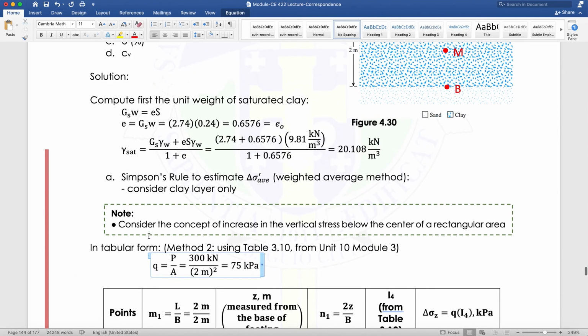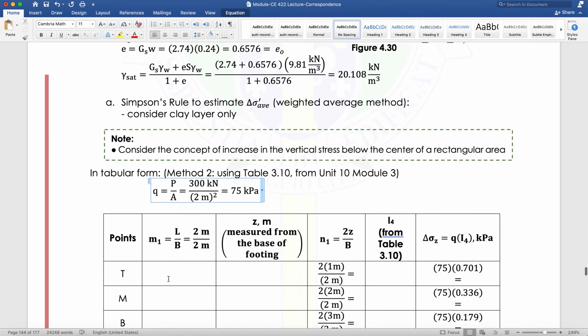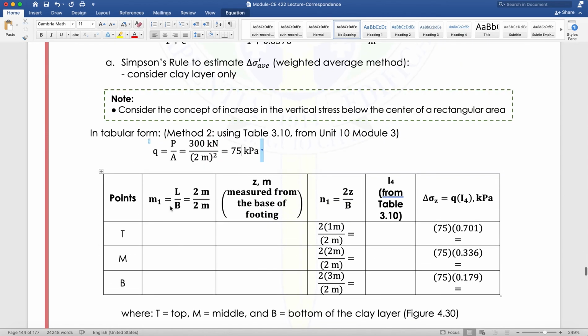Next, for our parameters, it would be m1, z, n1. M1 and n1, then z. Then from there, we can proceed with our table. Take note, if you can remember, m1 is equivalent to L over B. But for this one, all of them are 1 for the top, middle, and bottom because L is equivalent to 2 and B is equivalent to 2, true for all.